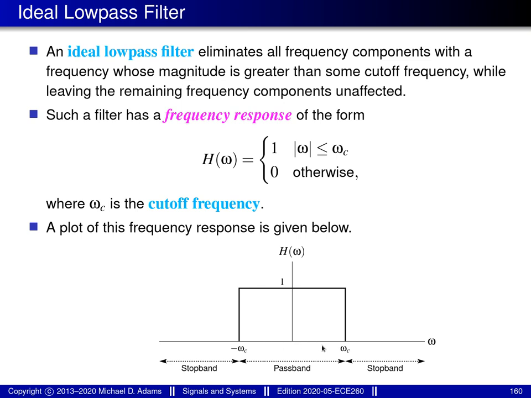The frequencies for which the frequency response is 0 correspond to frequencies that are eliminated by the filter and constitute what is called the stop band of the filter. So the stop band of the filter would be frequencies that are greater than omega c, in other words, frequencies out here, and frequencies that are less than minus omega c, in other words, frequencies out here. And since this type of filter allows lower magnitude frequencies to pass through it, it's referred to as a low-pass filter.